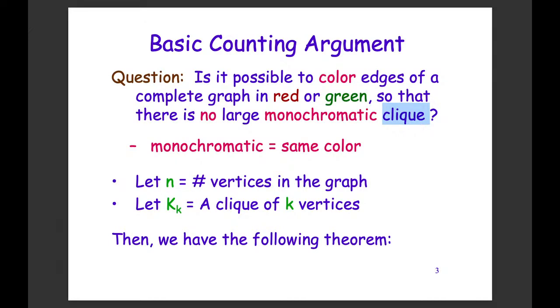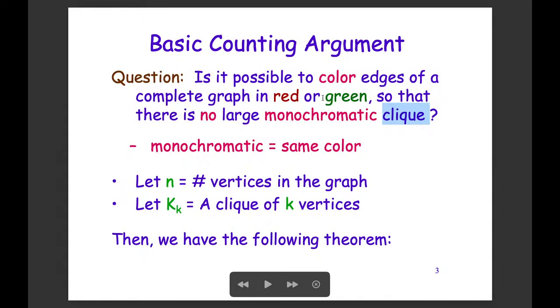For these 6 people, there must always be either 3 of them who are mutual friends, or 3 of them who are mutual enemies. We cannot escape this fact. Either there must be 3 mutual friends, and if that doesn't occur, then there must be 3 mutual enemies. This is the special case here.